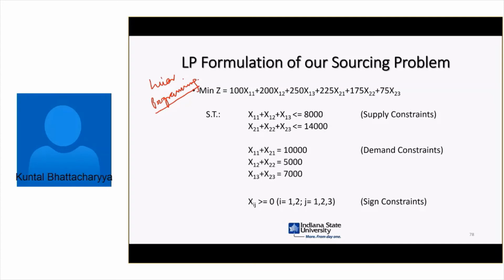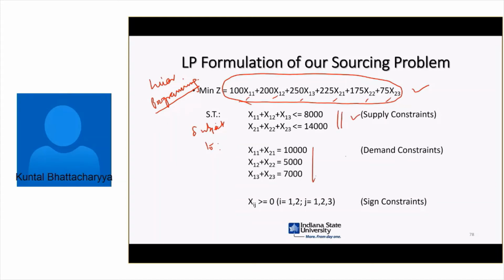You have to minimize this expression where all of these are your decision variables, subject to, ST stands for subject to, your set of supply constraints, your set of demand constraints, and of course your sign constraints. You want all of those units to be greater than or equal to 0. That's the formulation process.